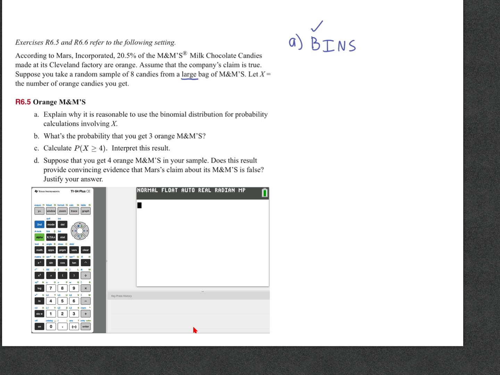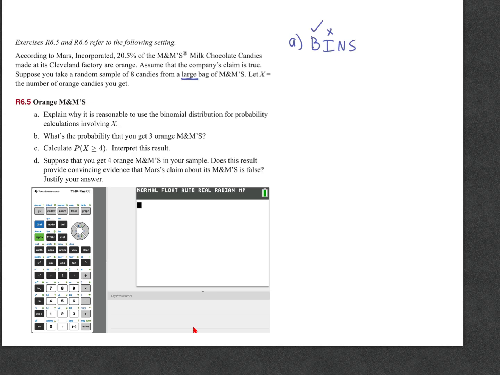Whether or not it's orange will affect the probability of you getting an orange on the second try, right? If you get an orange on the first picking, there'll be one less orange and one less candy total, and that'll affect the probability of the next one. So definitely not independent.